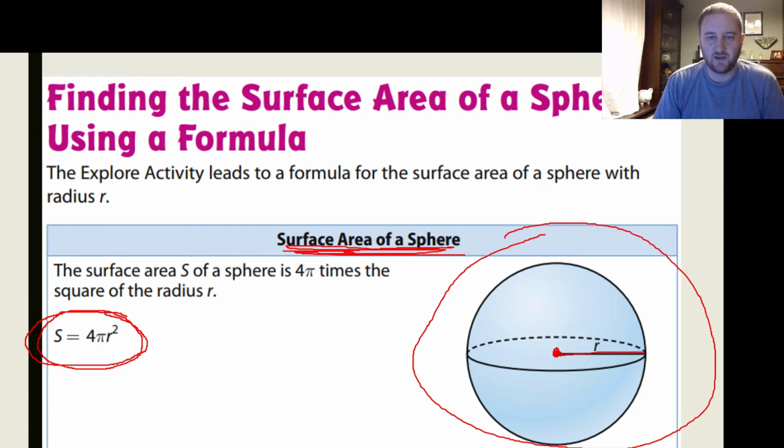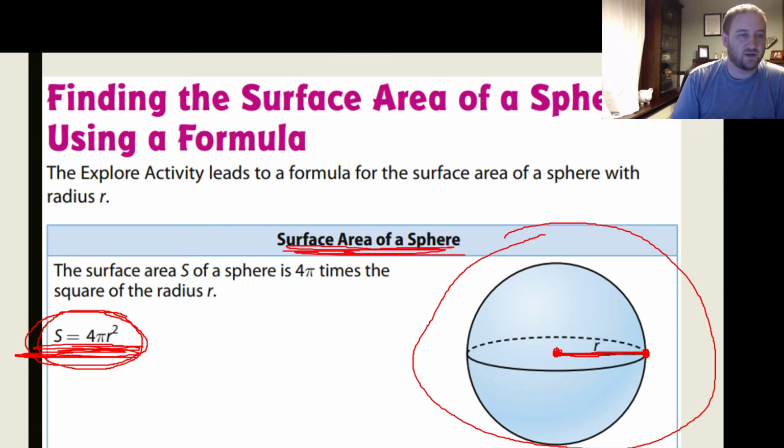The radius goes from the surface of the sphere directly to the middle of the sphere. If it gives you the diameter, what do you have to do to find the radius? You take the diameter and divide it by 2. Using this formula, we can plug in the radius to find whatever the surface area is.